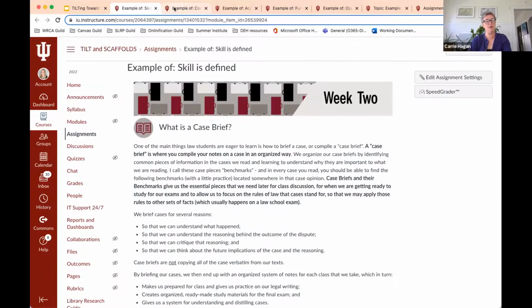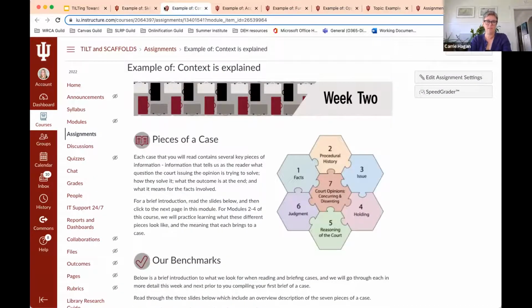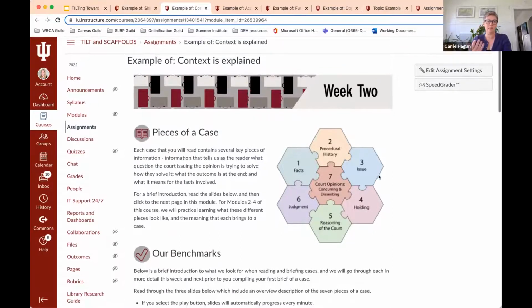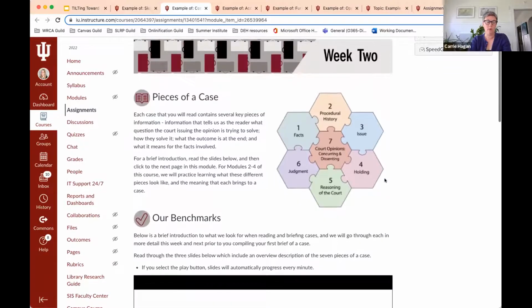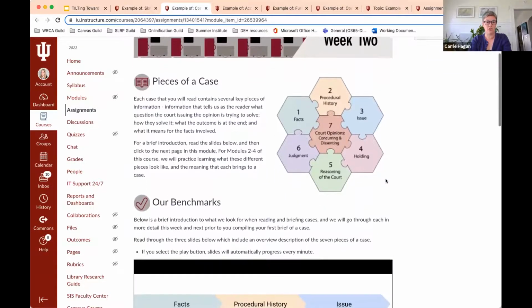So here's how we explain the skill. But in addition to explaining the skill, we wanted to give them context. So rather than having them click through slides, we really went into a deeper dive on presenting what we wanted them to pay attention to.